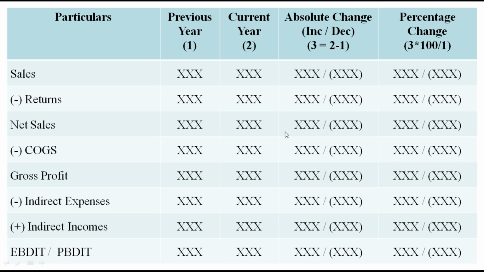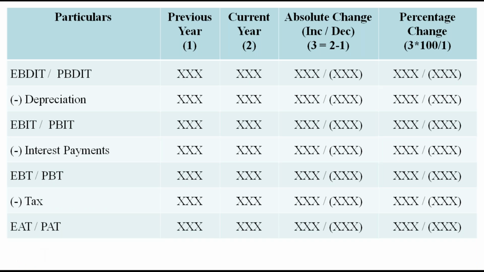Here we follow the same pattern for previous year, current year, absolute change and percentage change. But this format is important: it starts with sales, subtract returns, arrive at net sales, then subtract cost of goods sold from net sales, gross profit is achieved, then subtract indirect expenses, add indirect incomes, and the figure is earning or profit before depreciation, interest and tax.